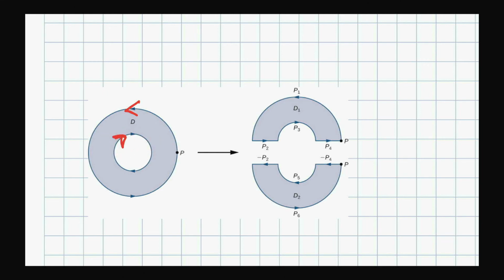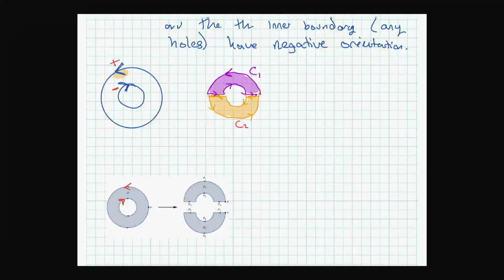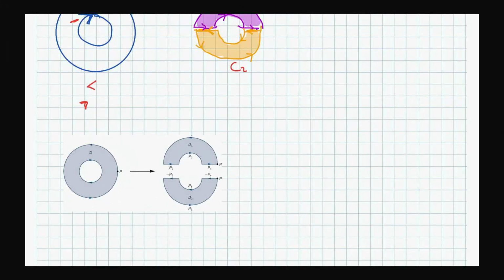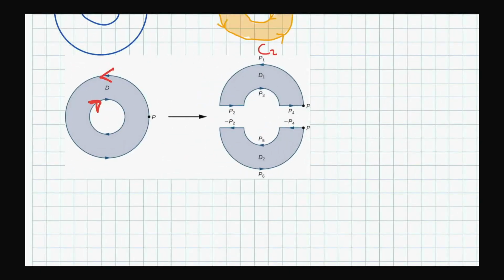So that's not actually negatively oriented with respect to the region D. It doesn't really matter here, but that's the issue. I don't really like what they're doing there with their terminology is the punchline. But anyway, I've got the picture there that matches it.